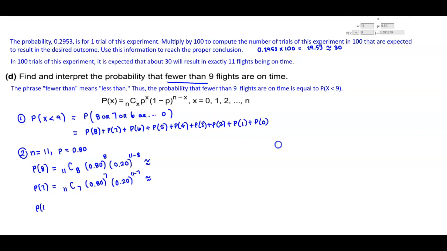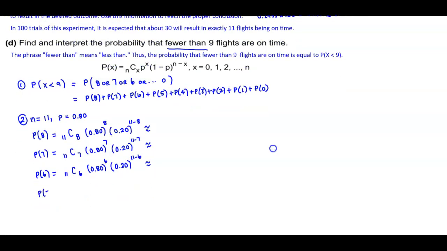And then we have the probability of 6, which is equal to 11 combination 6, times 0.80 to the power of 6, times 0.20 to the power of 11 minus 6.